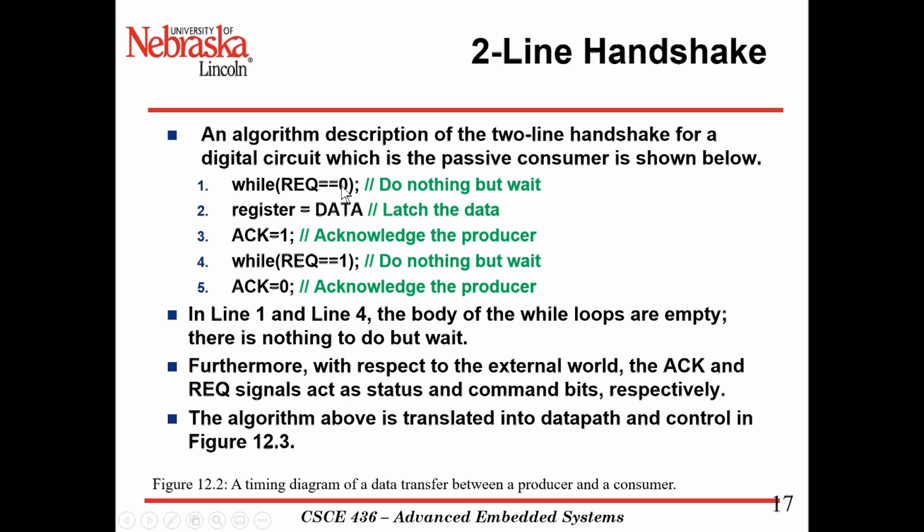And this is sort of a pseudo code algorithm that talks about it. While request is equal to 0, do nothing but wait, right? This is just a while this is 0. Once it becomes 1, we register the data, latch the data in.